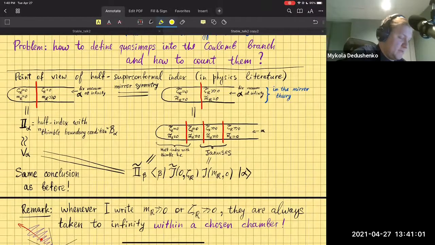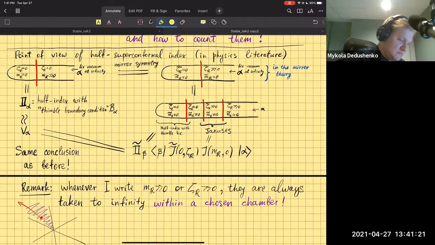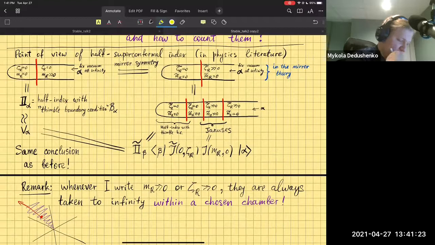But now we look at them in the original theory and the mirror theory, and we see that one has to multiply by this matrix to relate the basis on the left and on the right.